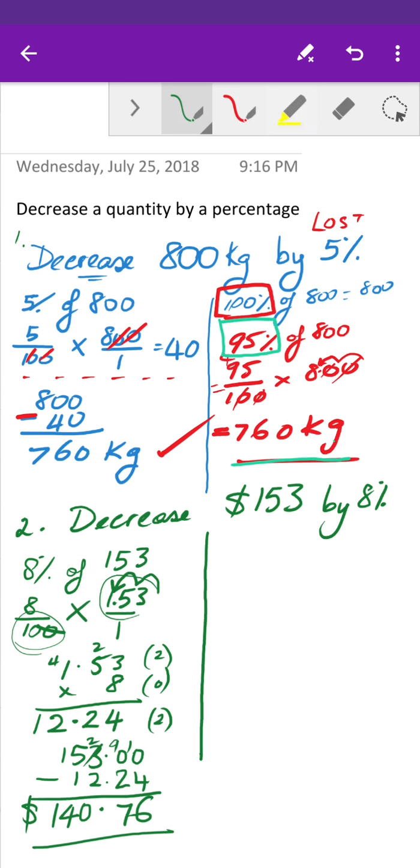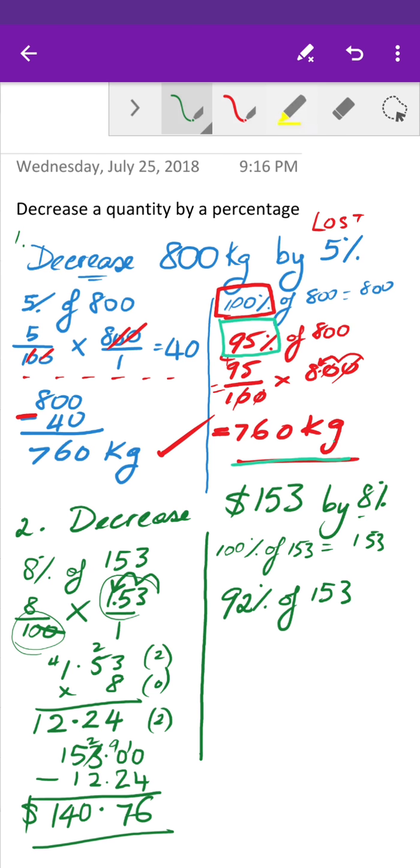The other way was what I mentioned before. If we start with 100% of 153, well, 100% of 153 is 153. It's the full amount. We lose 8%, therefore we're now down to 92% of 153.